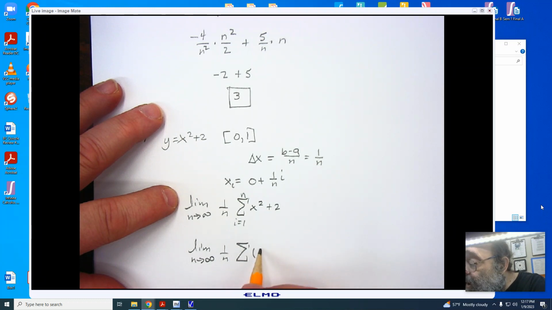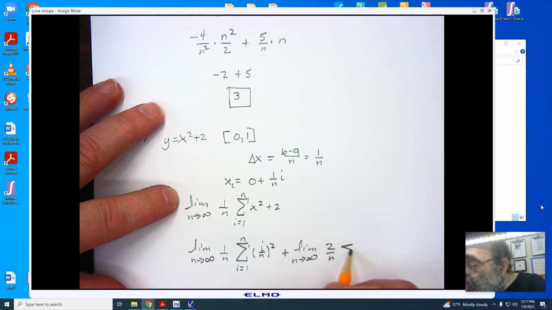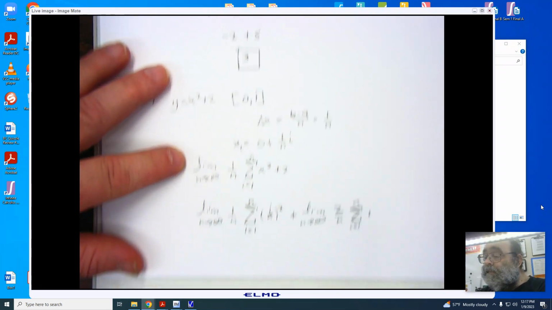This is going to give me i over n, and it's squared, i equaling 1 to n, and then I have plus the limit as n approaches infinity for 2 over n, summation of 1, i equaling 1 to n.